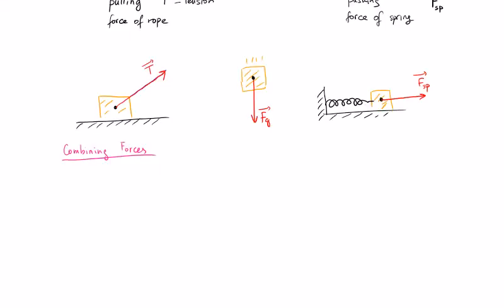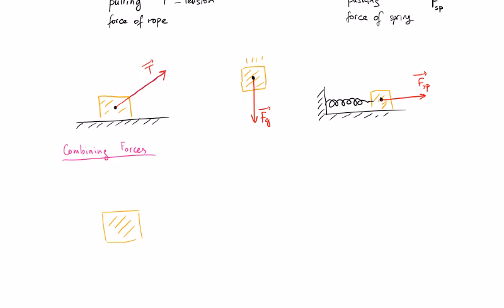Now let's think about what will happen if you have more than one force acting on an object. For example, you could have a box. Let's just keep consistent with our colors. So let's say we have a box, and the box is being pulled in two different directions.